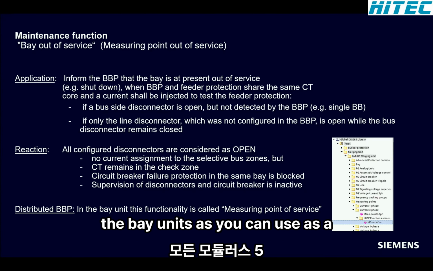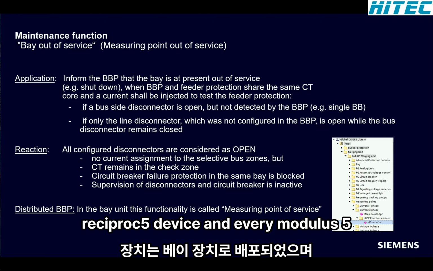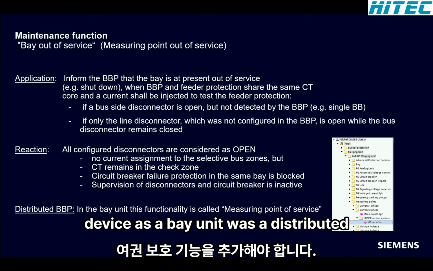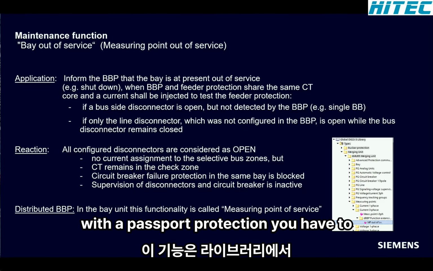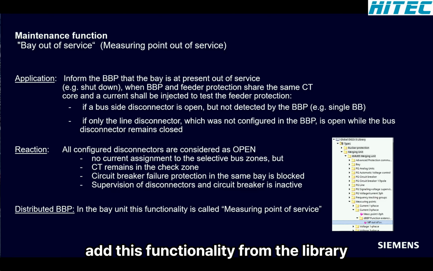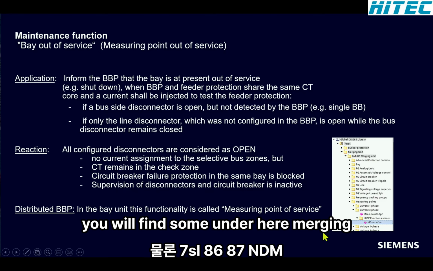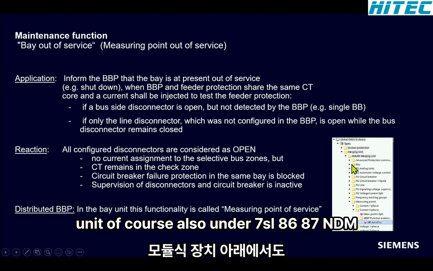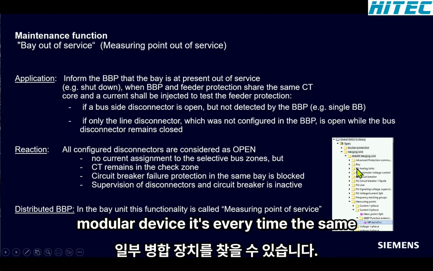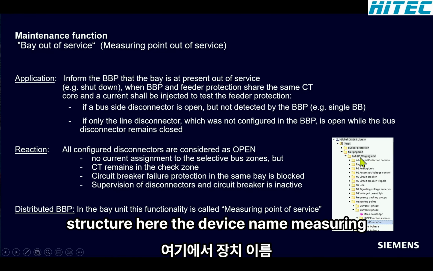In the bay units, as you can use every modular SIPROTEC 5 device as a bay unit for the distributed busbar protection, you have to access the functionality from the library. You will find it under merging unit, of course, also under 7SL86, 7SJ, any modular device. It's every time the same structure.